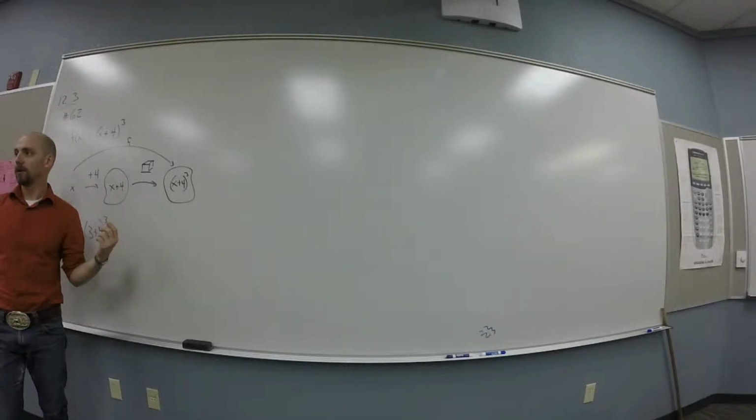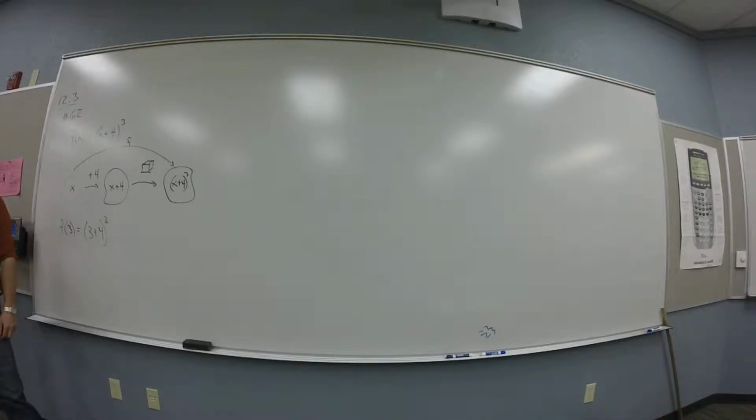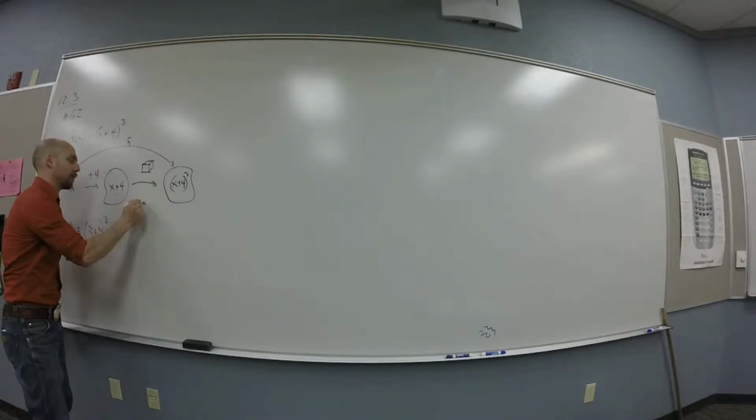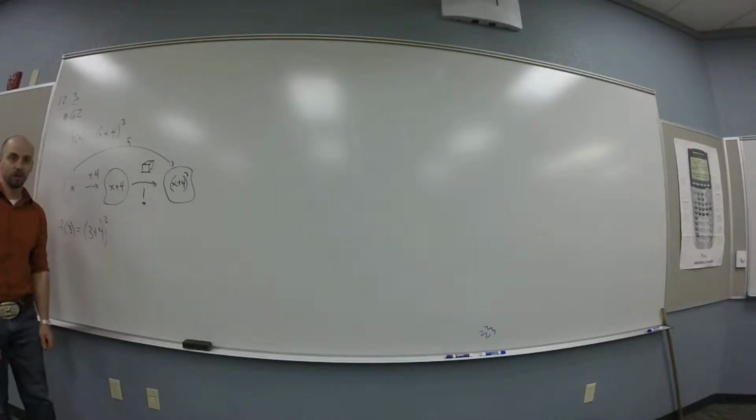Cool. All right. So which of these do I need to know the shape of? How about which of these is a shifting rule kind of thing? Plus 4. Yeah, plus 4 is some kind of shifting rule thing, right? So the other thing must be the function I'm supposed to know the shape of. So this would be the rule.